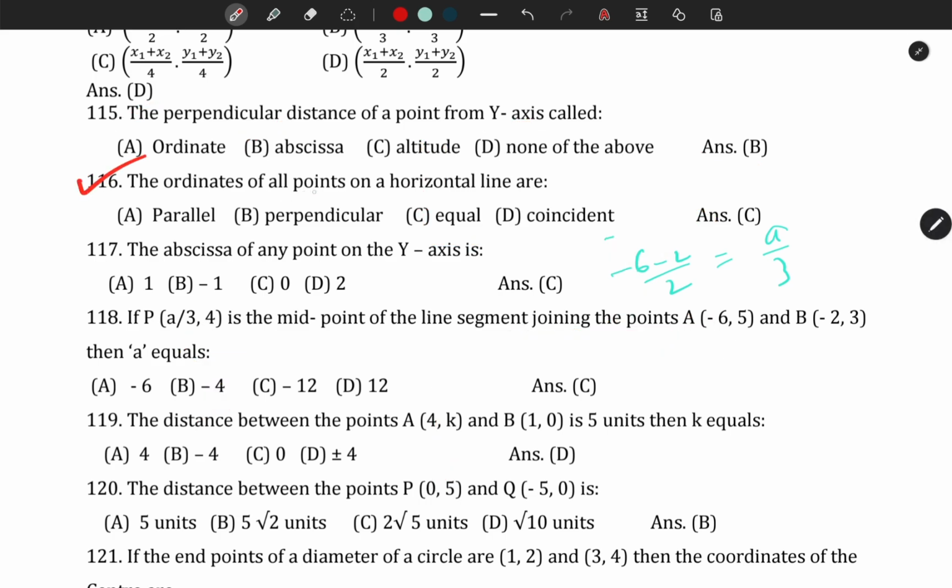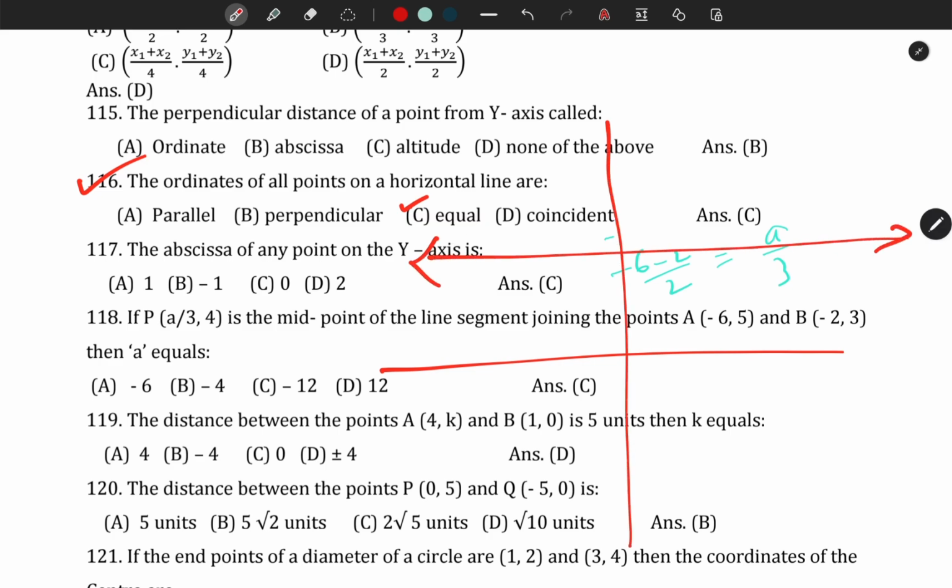Next, the ordinates of all points on a horizontal line are equal. Let me explain. Supposing you have x-axis and y-axis, and if you have a line here which is a horizontal line, say this much is 1, this is 2. So if I take any point here, this will be 1 comma 2, then this will be 2 comma 2, this will be 3 comma 2.